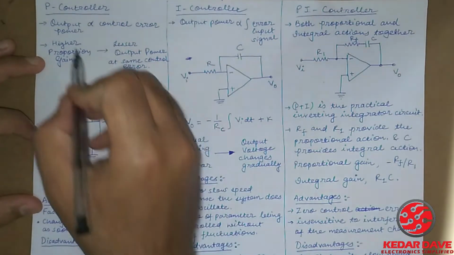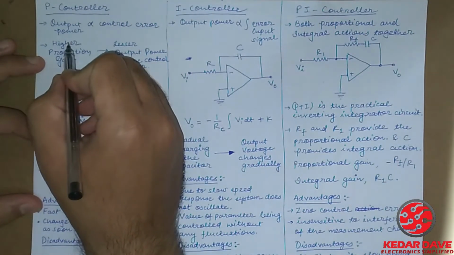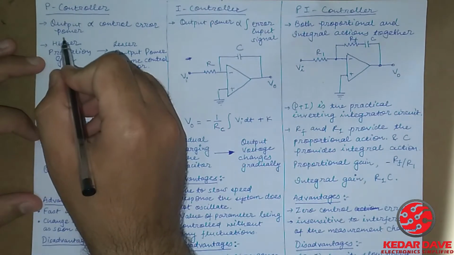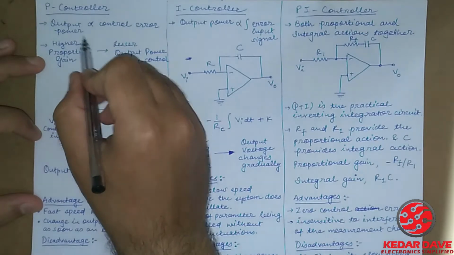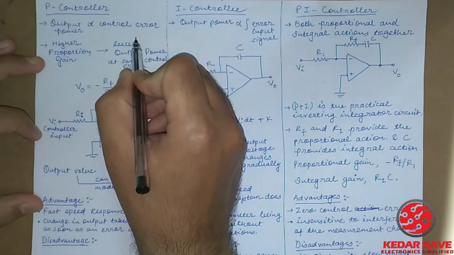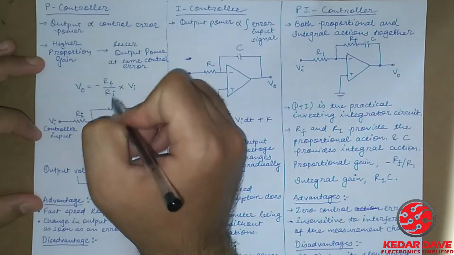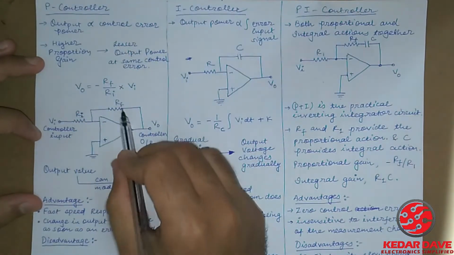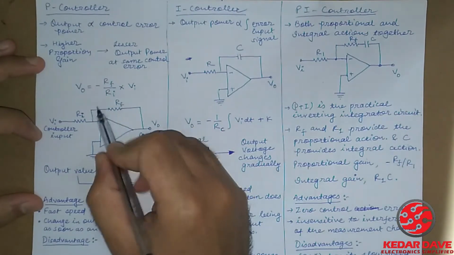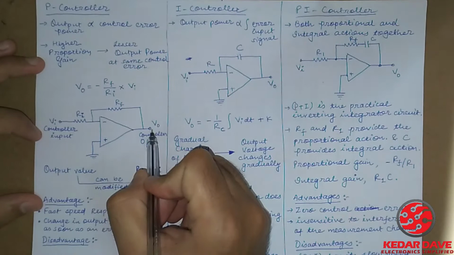Let's understand. First of all, the main point we need to consider is that the output power is directly proportional to the control error. Whatever error is generated through this feedback will be directly proportional to the output.